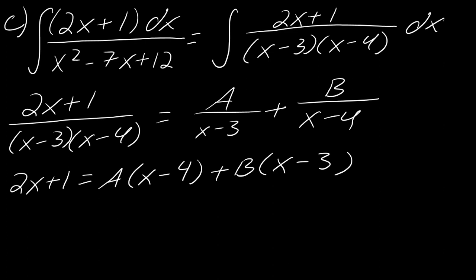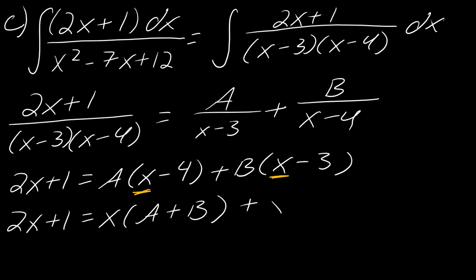Okay, so now I've got 2x plus 1 equals, and in this case, there's nothing for me to multiply, right? So I've really just got the x's and the constants. So I'm going to factor out the x's first, and I'm just left with a plus b. And then for my constants, here's a constant, here's a constant, so this will become negative 4a minus 3b.